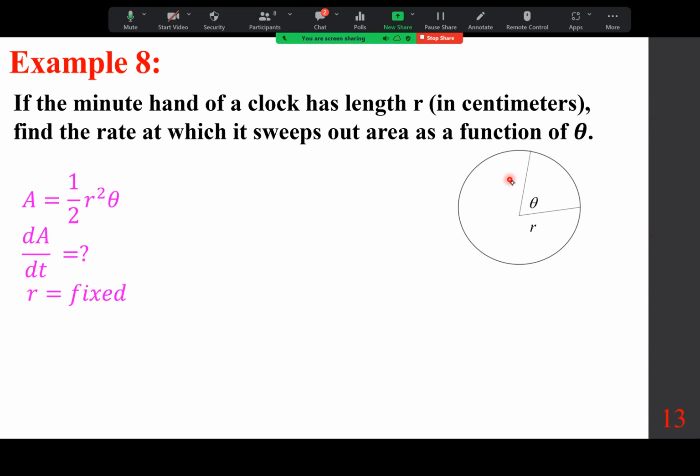R is not a variable. It is the angle that is varying. And I'm going to remind you that if you recall, the area of a circle, right, is pi r squared.